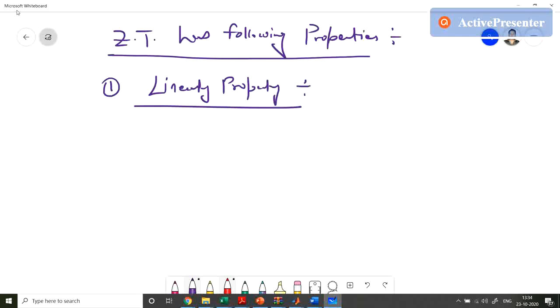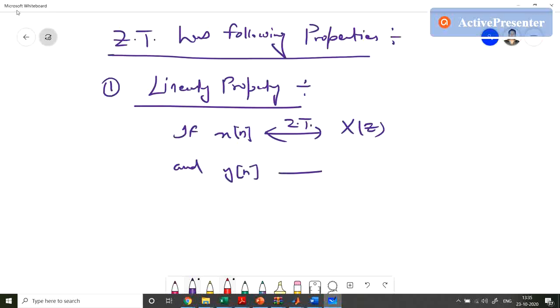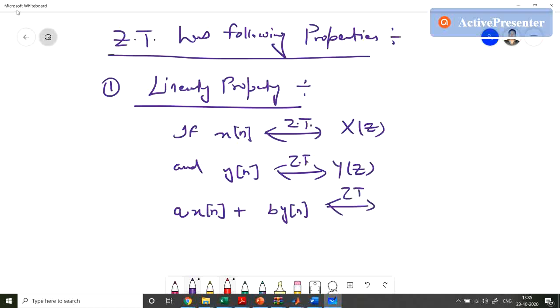So what is that property? If x[n] has Z transform X(z) and y[n] has Z transform Y(z), then the linearity property says that the Z transform of a x[n] plus b y[n] is nothing but a X(z) plus b Y(z).